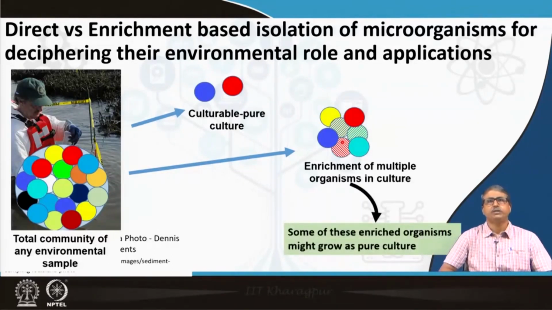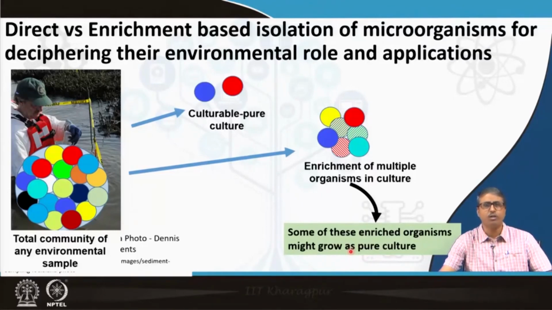Now, if we take this enrichment culture, which is a broth growing in a test tube or a conical flask or a reactor, whatever it is, we can try to isolate some of these organisms as pure culture. So, we will take some of it and spread it onto the solid agar medium, as we have possibly done for the pure culture isolation procedure, using either aerobic or anaerobic conditions, and eventually some of these enriched organisms might grow as pure culture.